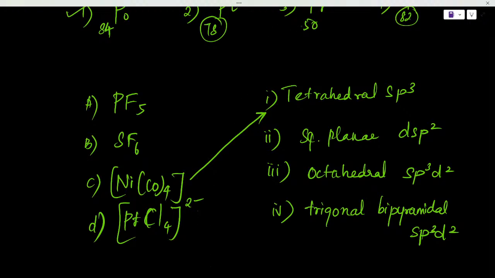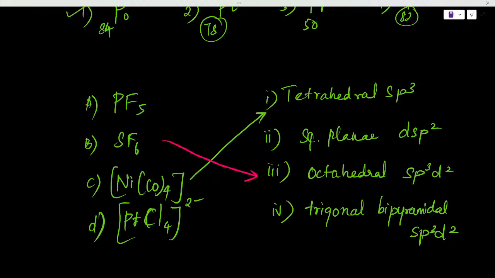Then what about the others? SF6, of course, is either octahedral or trigonal pyramidal. For SF6, just find out, that goes to octahedral, right? What about PF5?